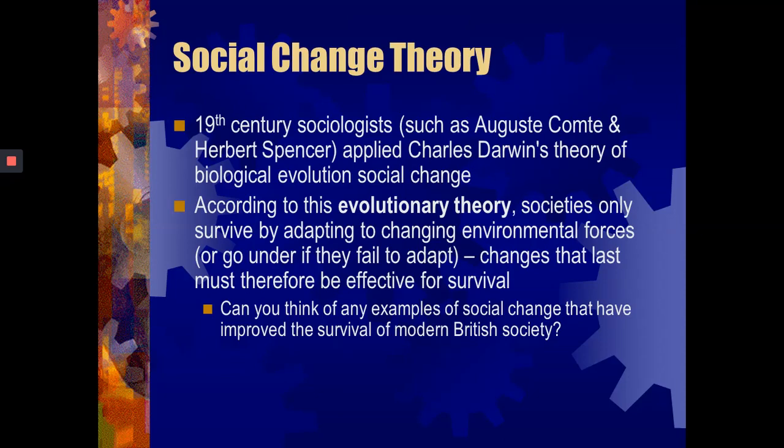Social change theory deals with the idea that some forms of social change, at least, are driven by evolutionary factors and can, of course, also be driven by technological factors, which we'll get into in a second. But going back to the Victorian era of the 19th century, we have thinkers like Auguste Comte and Herbert Spencer, who were very influenced by Charles Darwin and the theory of biological evolution, and this idea that bodily features develop in response to environmental change and that they're adaptations.